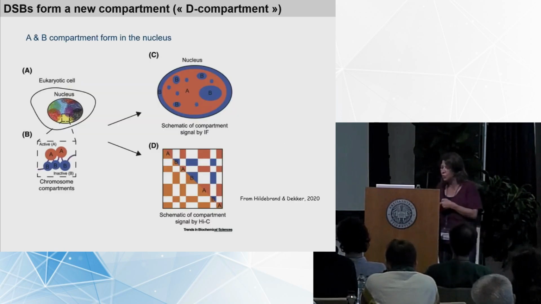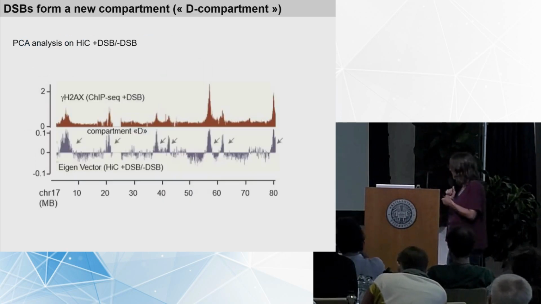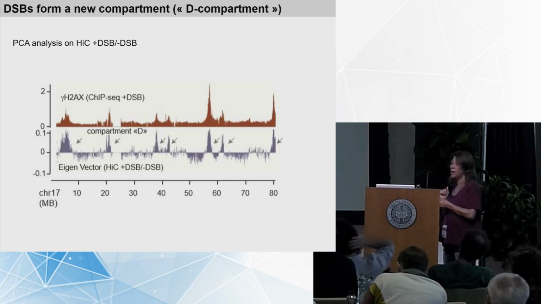So we decided to do this PCA, but rather than using individual heat maps, we used the differential matrix between after damage compared to before damage, in order to really only look at what is changing and not the behavior of the A and the B compartment, okay? And when we did that, here you have the eigenvector of the first principal component of this PCA analysis.